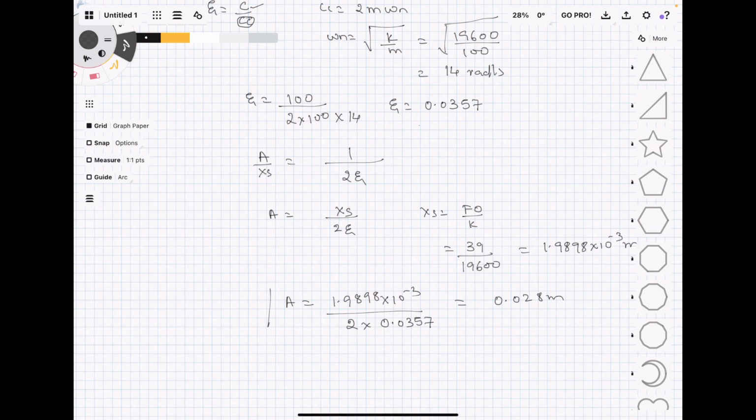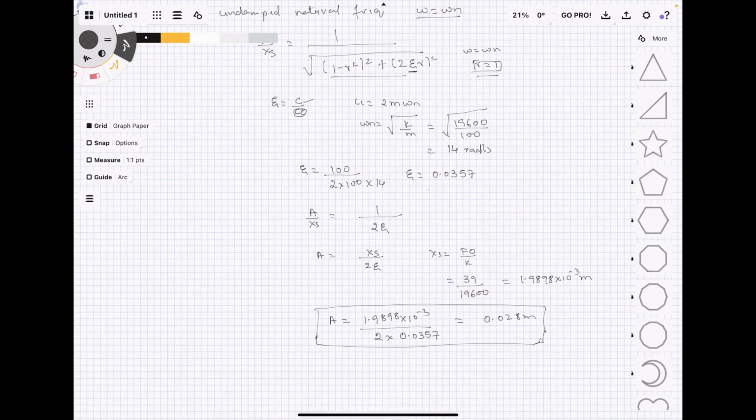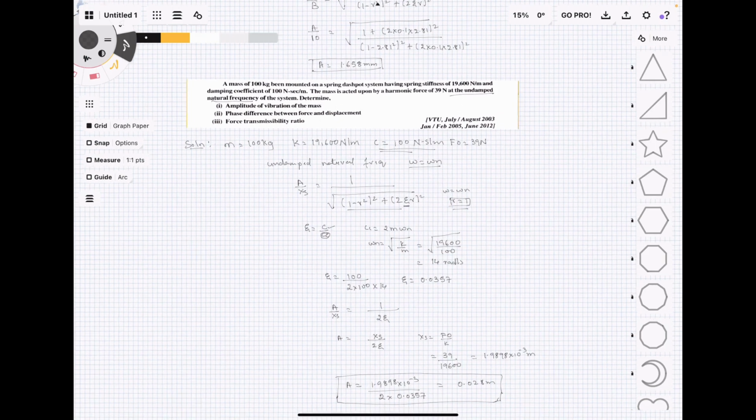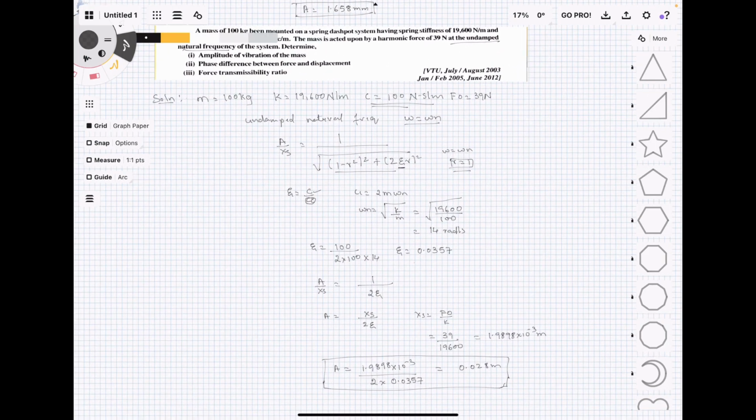So this will be the solution for the first case, that is the amplitude of vibration of the mass.